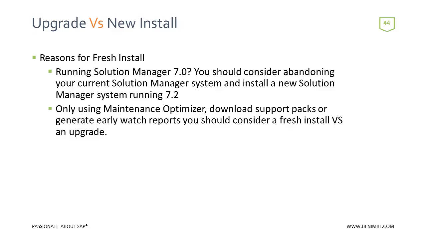If you're really not using Solution Manager 7.1 for a large amount of activities, then just installing a fresh version of 7.2 would be the fastest, most efficient way of upgrading to 7.2, as the actual upgrade is going to take longer than installing a new version.